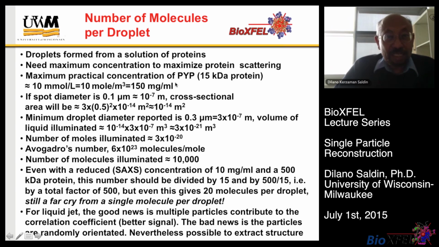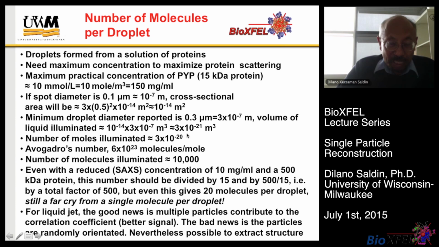And this corresponds to a concentration of about 10 millimolar per liter, or 150 milligrams per milliliter. And if the spot diameter, so the smallest spot diameter from an XFEL is about 0.1 of a micron, which is about 10 to the minus 7 meters. Cross-sectional area will be this. The minimum droplet diameter reported is about 0.3 of a micron.